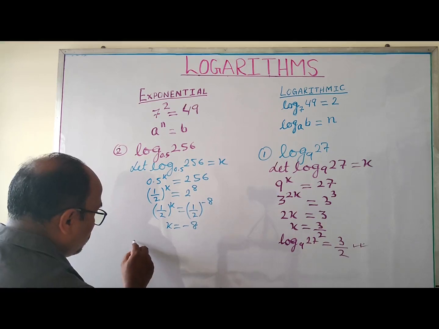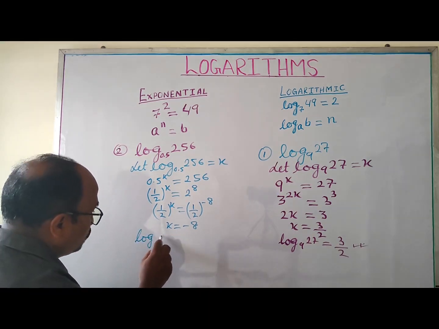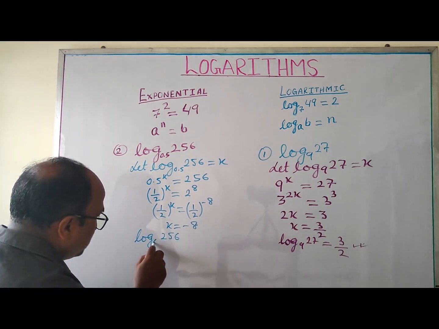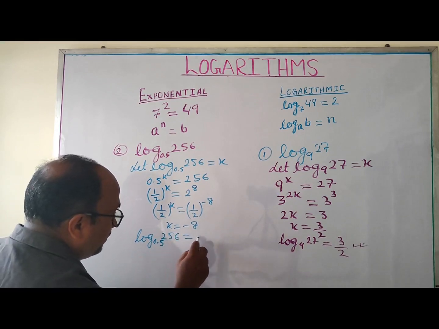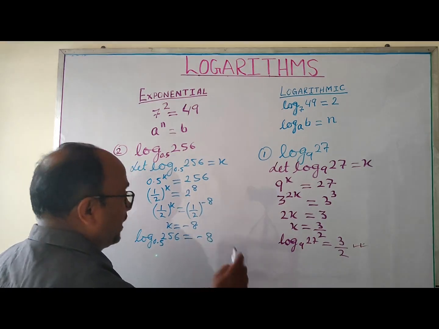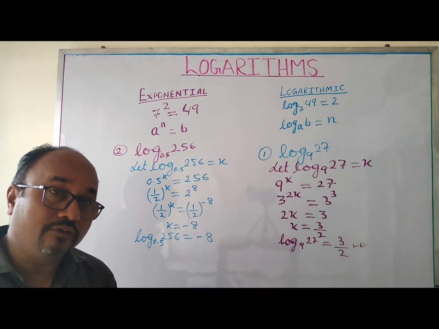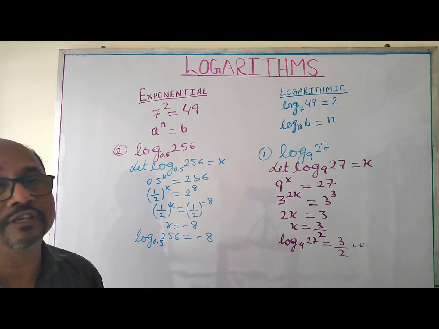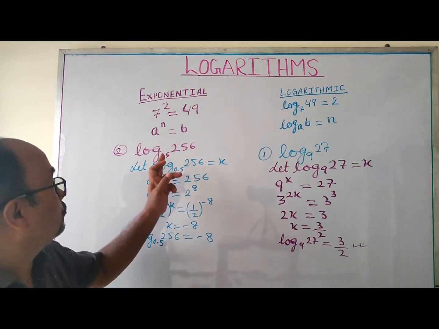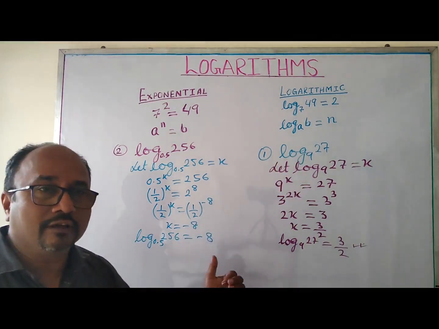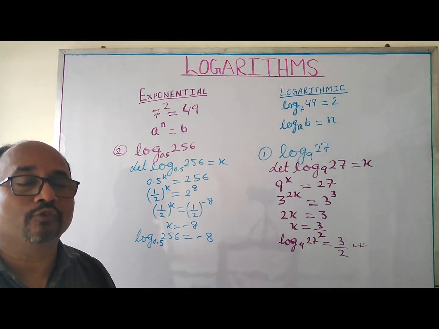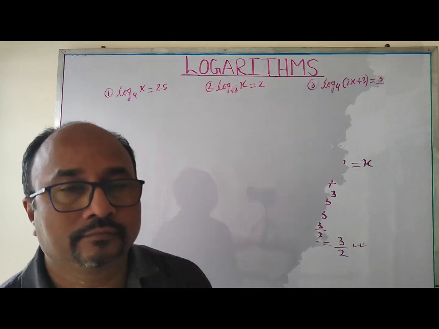So now log 256 to the base 0.5 will have a value of minus 8. So you know if you are given any of these log values to find, by using them in the exponential form you can get the value of it.